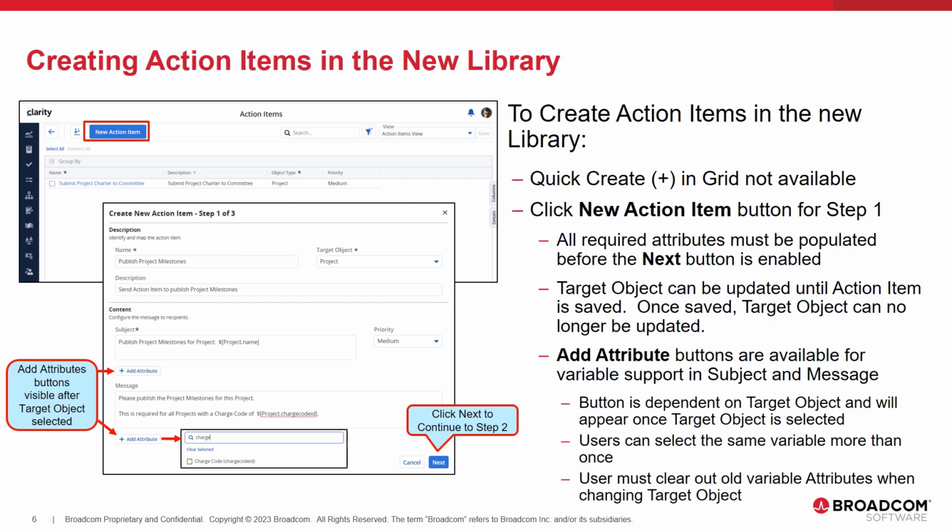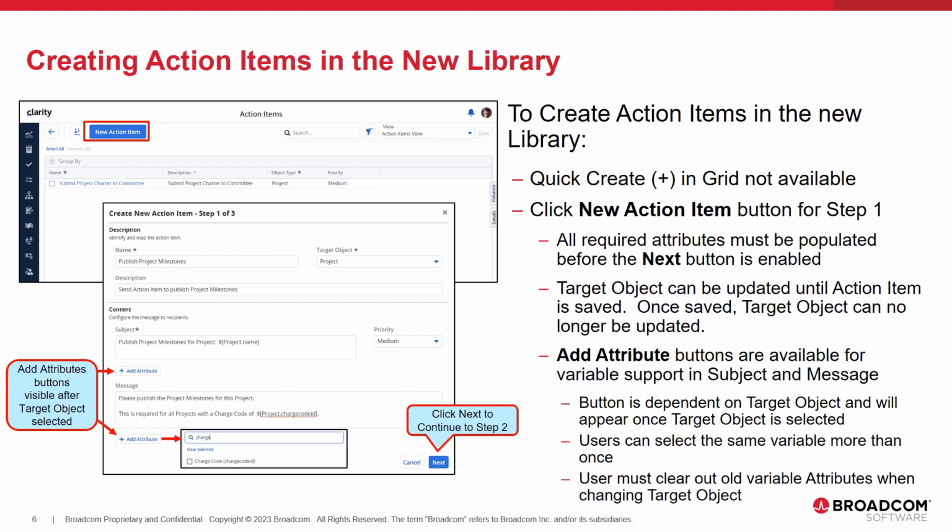All required fields in this modal are designated with an asterisk, and unless they're populated, the Next button will not be enabled. So after you enter the name and description, the next thing that you'll enter is the target object. Now the target object can continue to be updated throughout the process of creating this action item.